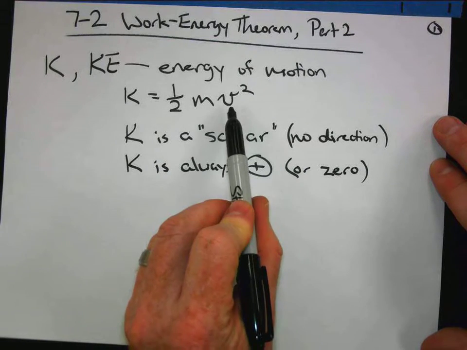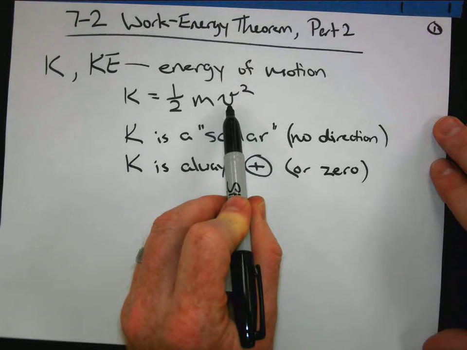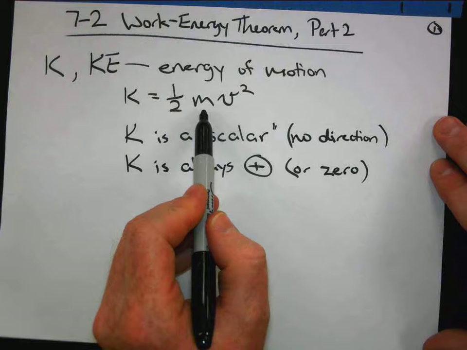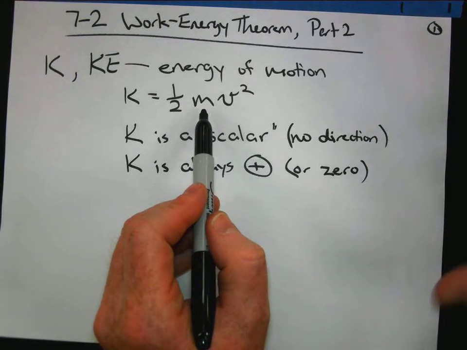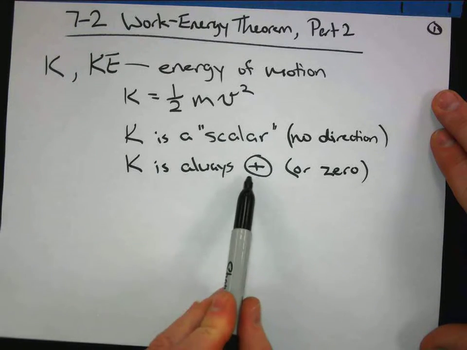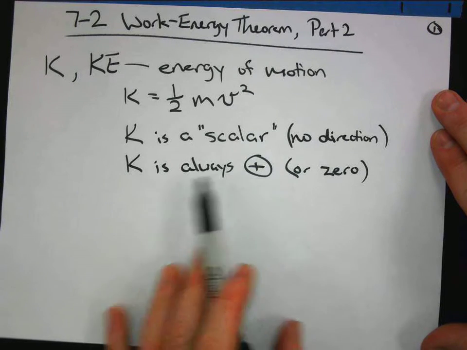You might have a velocity in the negative direction, but when you square that value, you end up with a positive. Mass cannot be negative. You either have a positive value or you have no mass, which is just kind of lame. And so the idea of kinetic energy always being positive or zero is kind of important. And it's different from work in this regard.